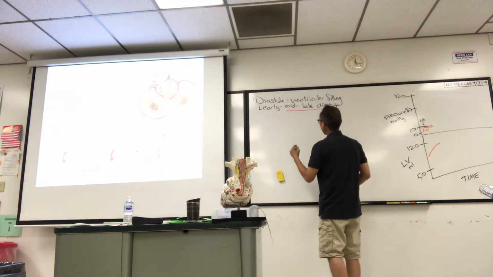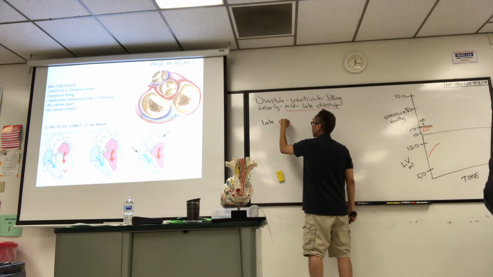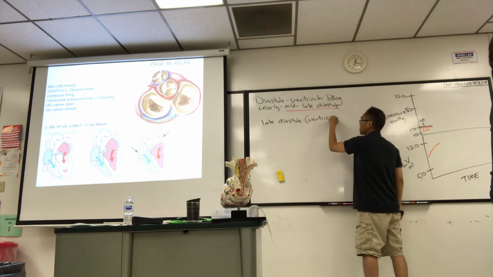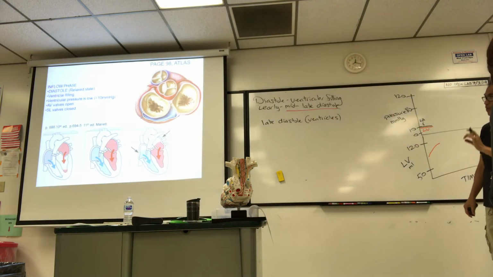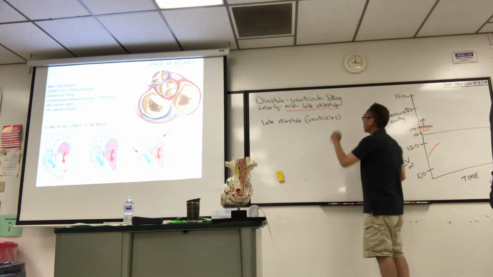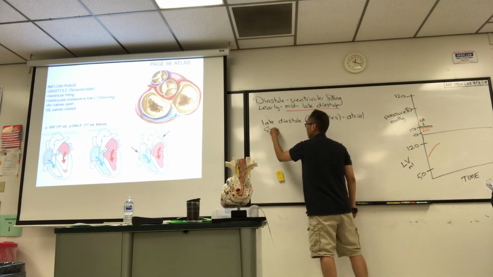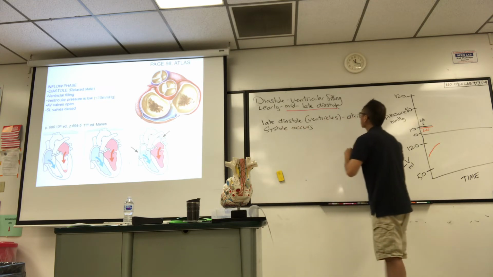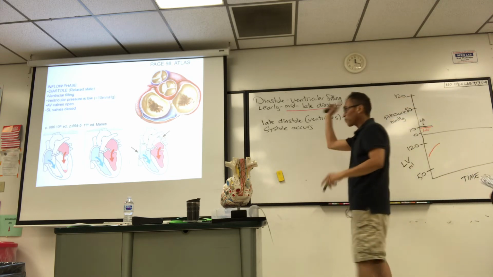When you get to late diastole, in the ventricles, what you see to finish filling the ventricles, like topping off the gas tank, is atrial systole at late diastole. Atrial systole occurs, and that's shown on the frame on the right.